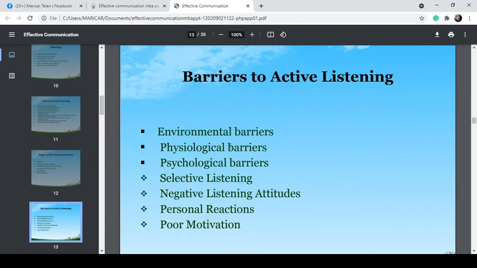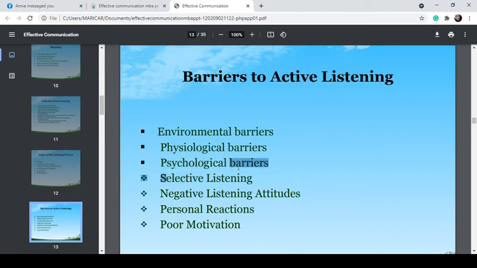We also have the barriers, environmental barriers. Pag maingay, environmental barriers yun. Psychological barriers, pag marami kang iniisip or masyado kang preoccupied. Psychological barriers, pag may problema ka sa pag-iisip, so kahit anong sabi sa'yo, hindi mo agad-agad ma-absorb.